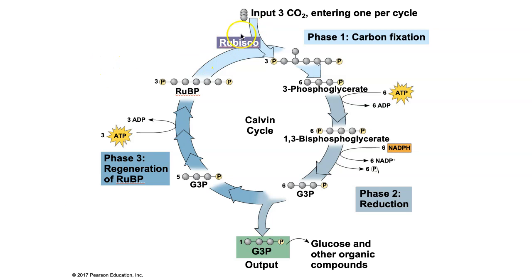Just remember, Rubisco, ribulose bisphosphate, 5 carbons. Know that we use energy and the NADPH. Know that you need 3 turns of the Calvin cycle to make one G3P, or 6 turns of the Calvin cycle to make 1 glucose.